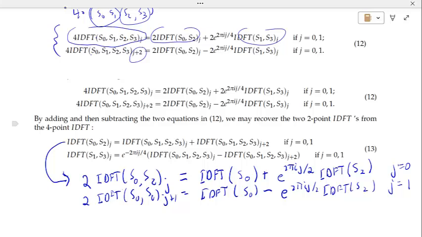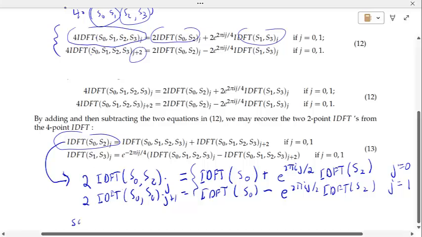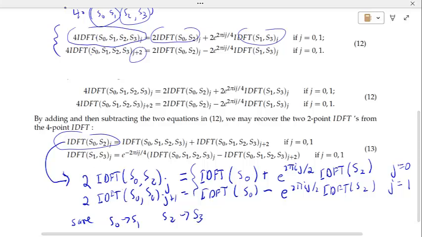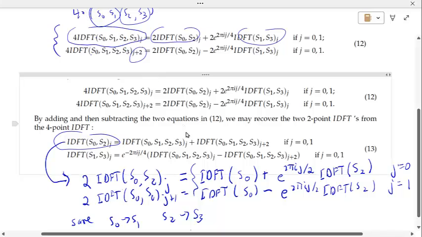All right. So this gives me a way to express this IDFT in terms of 2 other IDFTs. And then we're going to have the same thing where S0 goes to S1 and S2 goes to S3. Same equation. And that's what's on the next page. But what our goal is, in fact, is to find this here.